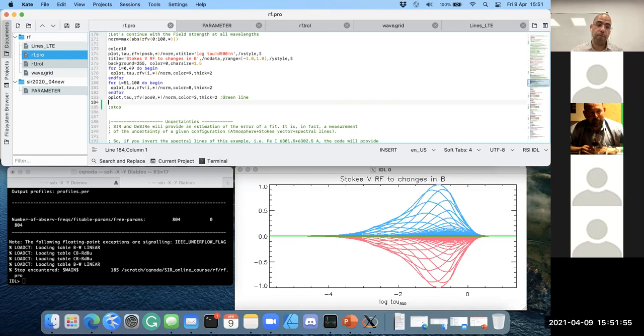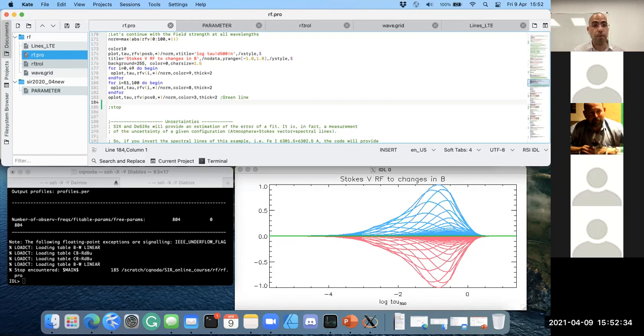So the code will compute response functions, try to see where the spectral lines are sensitive to perturbations in the atmosphere, and then it will change the atmosphere there to try to reproduce the profile that you want to fit to your observation. So the response functions are the key of the inversion process. They are the way the inversion code knows where it should change either temperature, magnetic field, or azimuth, to try to fit the full Stokes profile. So we can say that it is basically the cornerstone of the code.